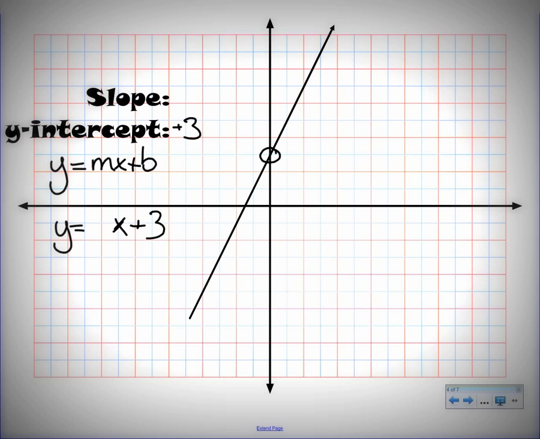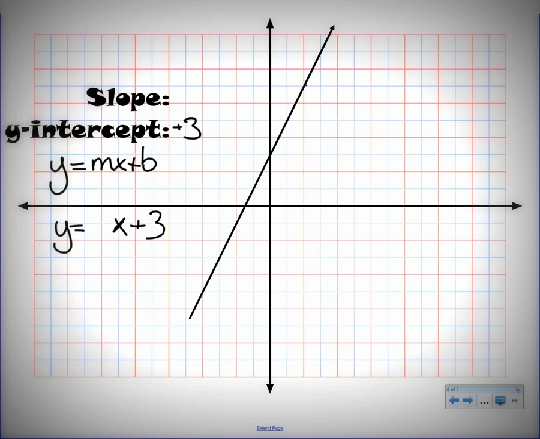Choose nice points, and what I mean by that is choose 2 nice points that cross the graph nicely. So let me start by showing you what a nice point is not. That is not a nice point. Okay? This is not a nice point. I would be guessing as to what that point actually was.